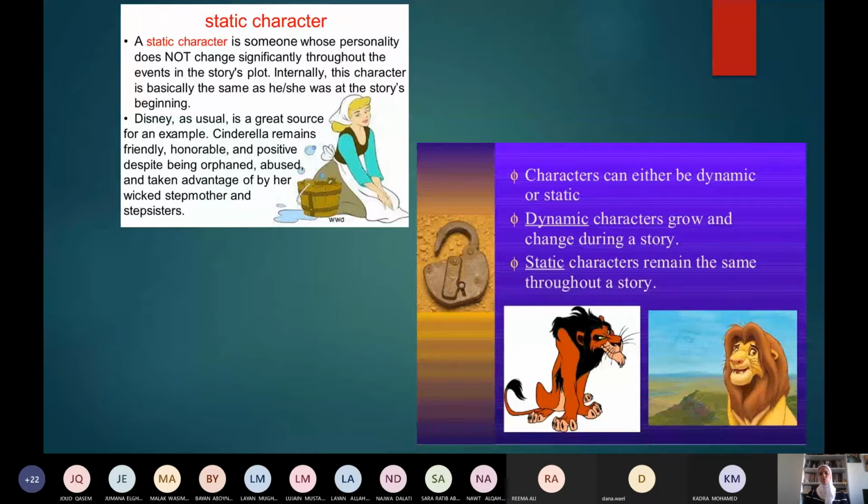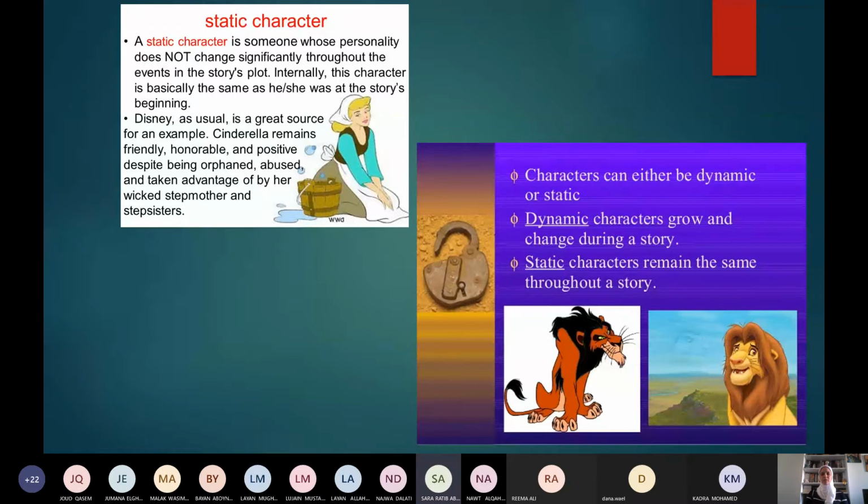What's another movie you can tell me about a static character and a dynamic character? Girls, grade 10. Yes, any movie, any cartoon.